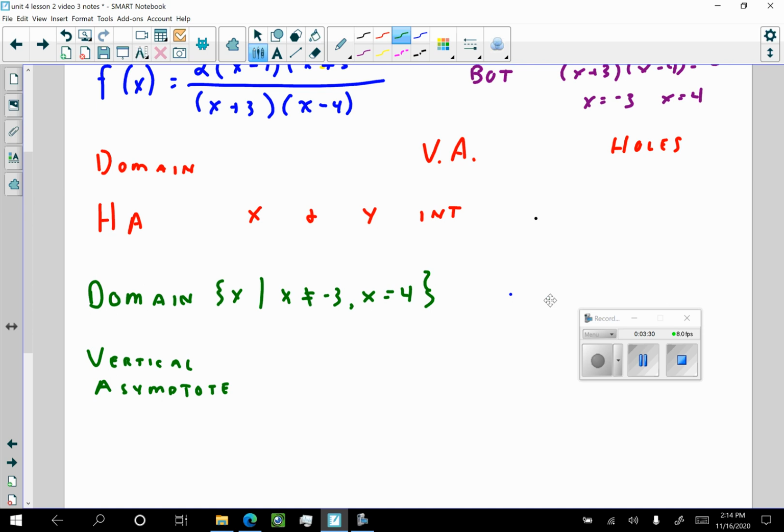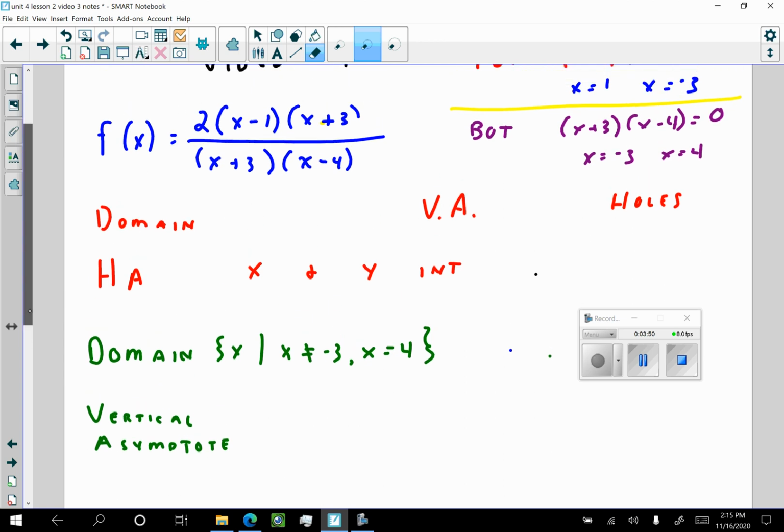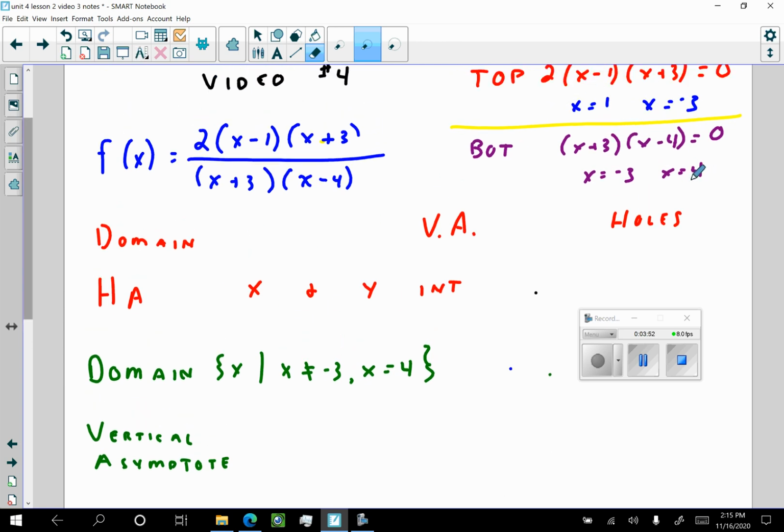You're going to need your notes: they happen when the bottom is 0 and the top is not. Where is the bottom 0 and the top is not? The bottom is 0 at 4 and -3. Well, the top is 0 at -3. So there's only one vertical asymptote here, and that is at x equals 4.